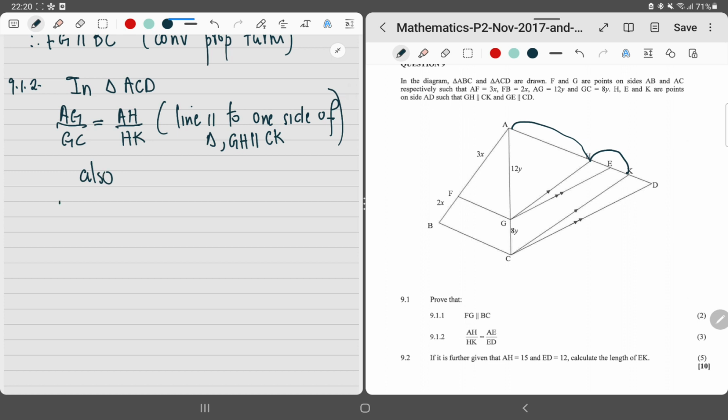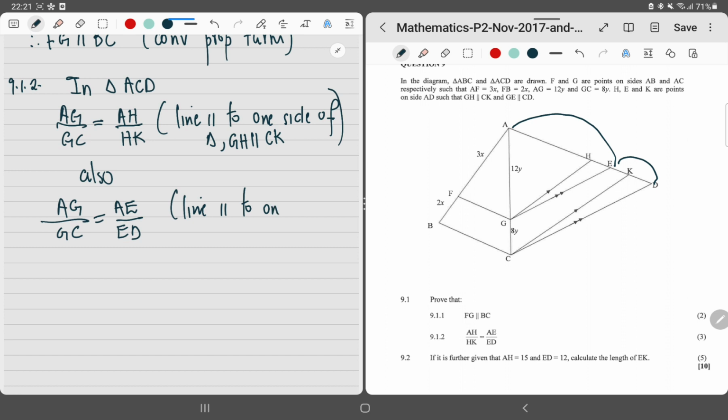Also, AG over GC is equal to AE over ED. Line parallel to one side of triangle.